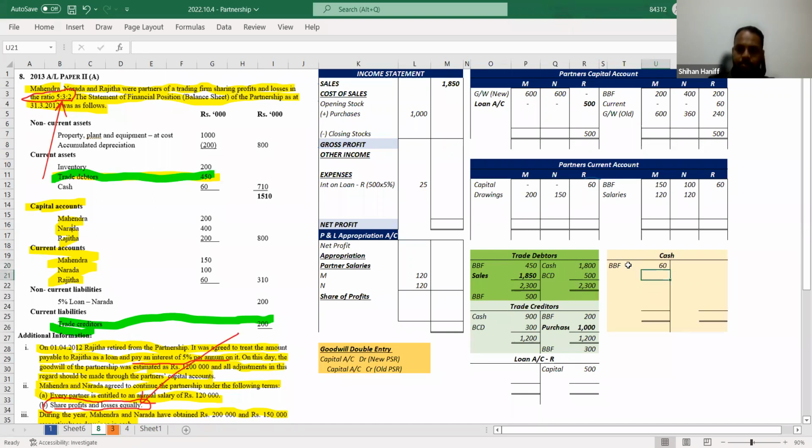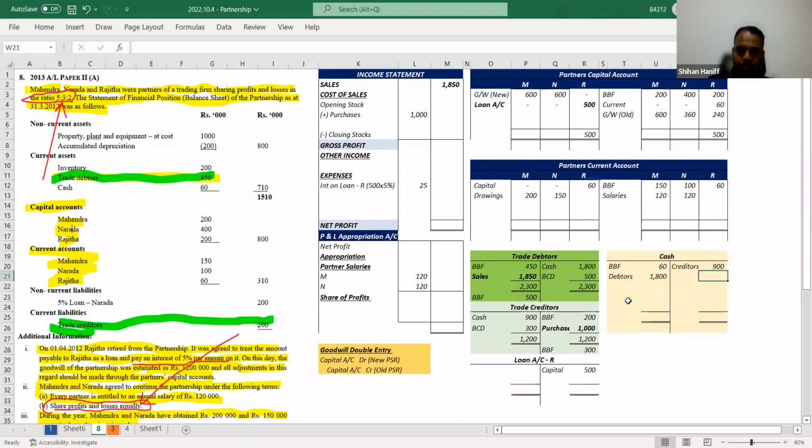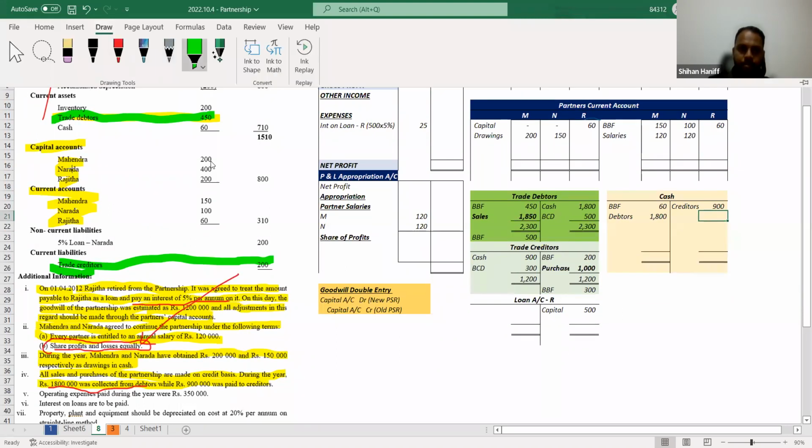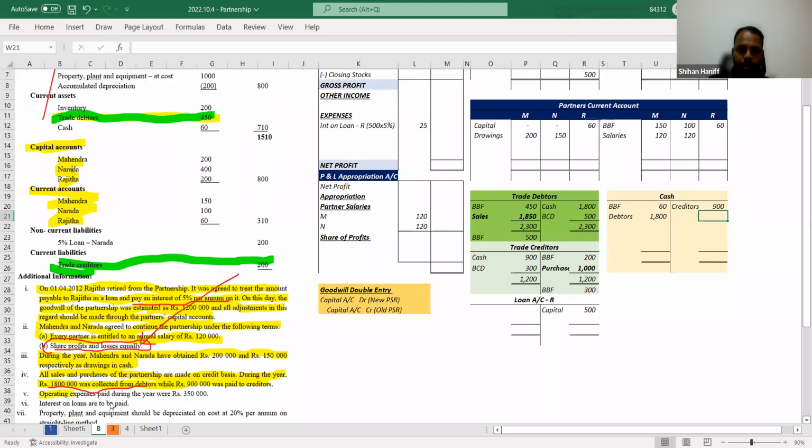Opening balance is 60. Then from the debtors, we get 1,800. Creditors, we pay 900. Operating expenses paid 350.